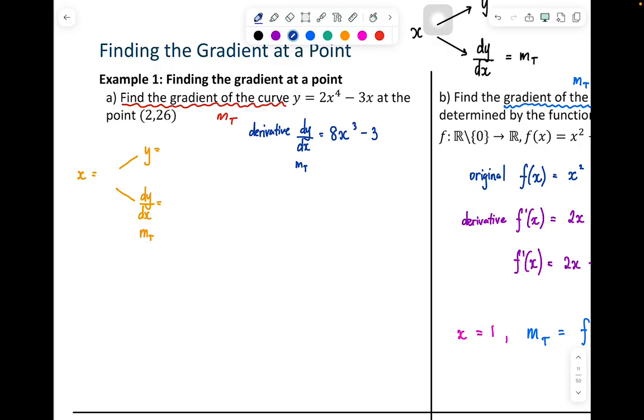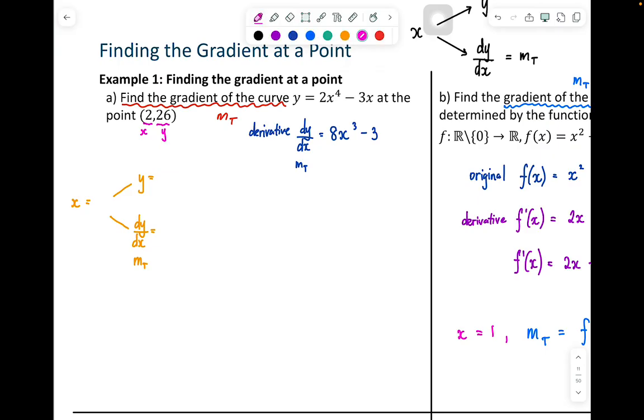And then we need to also plug in this information that we have here. Now, if we look at the formula for our gradient, we have dy dx, which is the gradient, and we have the x variable. So out of these two variables here, or the coordinates, the only value that we need to use is the x value.